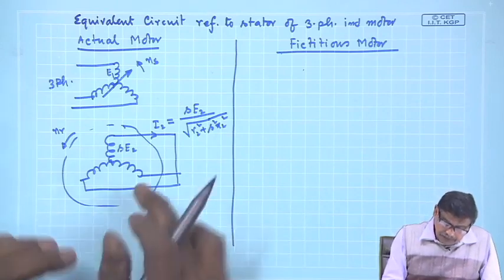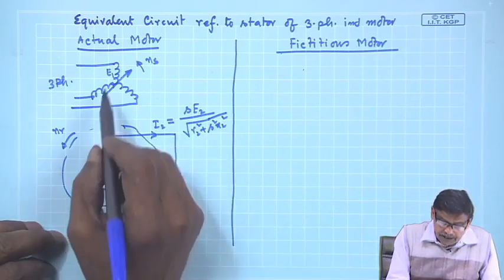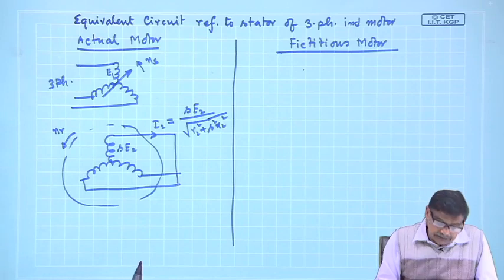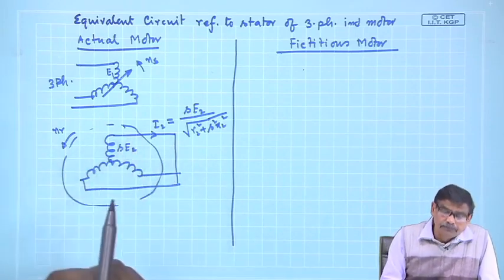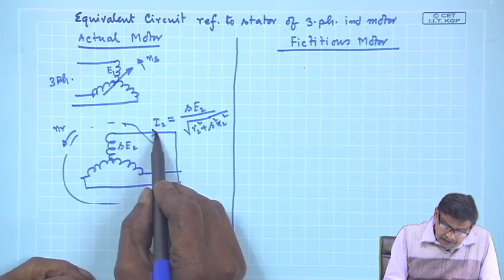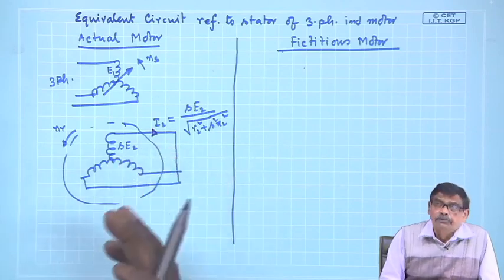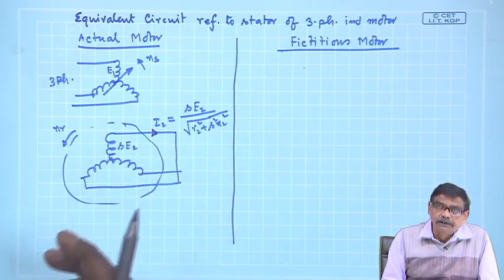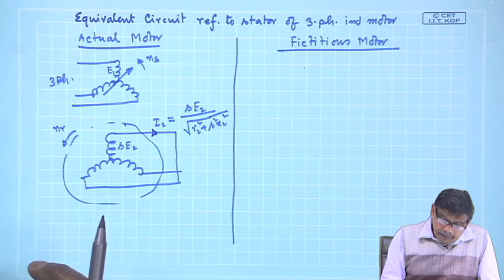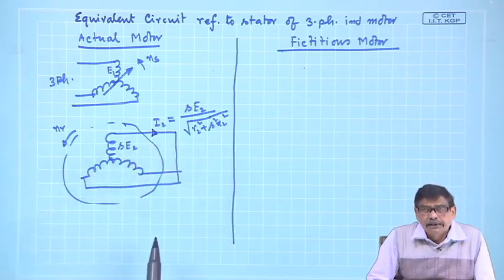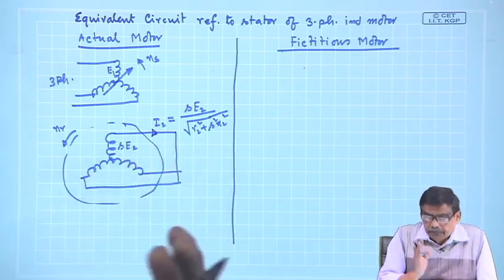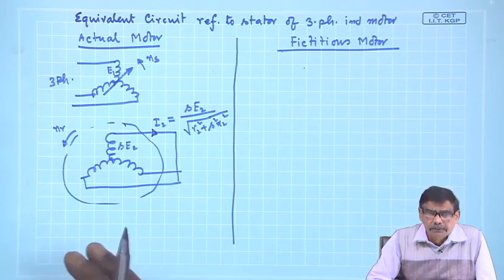Now, when this current flows, you are sitting on the stator. What you will observe is that it is carrying a current I2, therefore the rotor produces a rotating field. Where will it be positioned? Last time I told you the position of the rotor field depends on the power factor angle of the circuit.